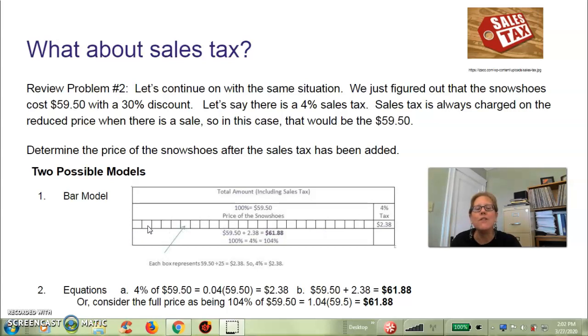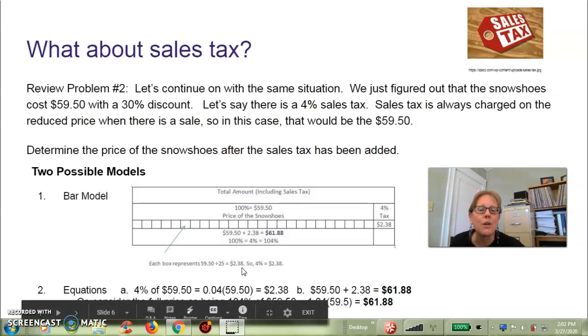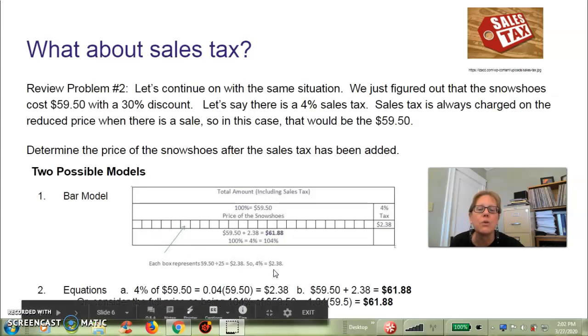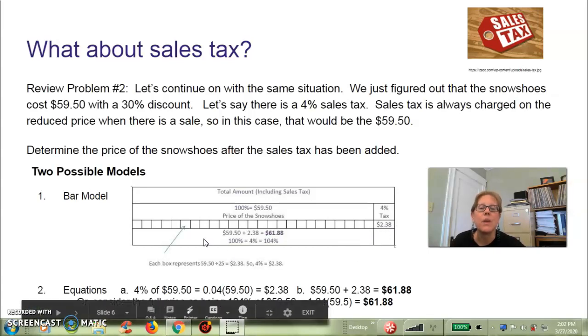This is helping me visualize what 4% would be. So then when I did that, I did 59.50 divided by 25. That gave me $2.38. So that tells me each of these boxes, which represent 4%, is equal to $2.38. So then that also must be what the tax is, because the tax is the 4%. So then I added that to the 59.50 and got 61.88.